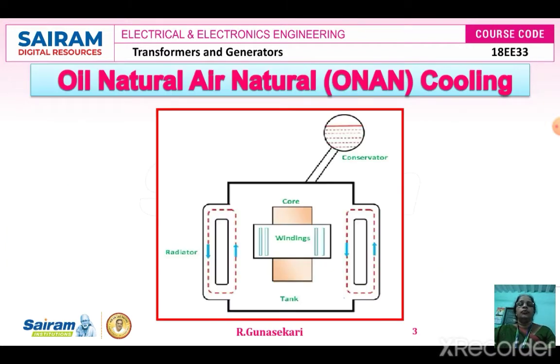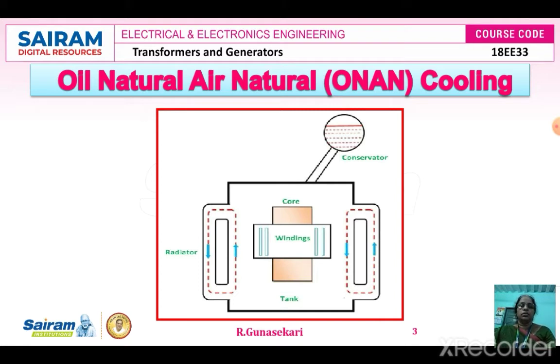First, we studied the oil natural, air natural cooling method for oil immersed type transformer. Now you see the circuit diagram. The circuit diagram consists of a radiator, transformer tank, transformer core, transformer winding, and a conservator.